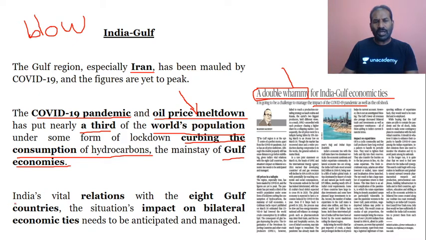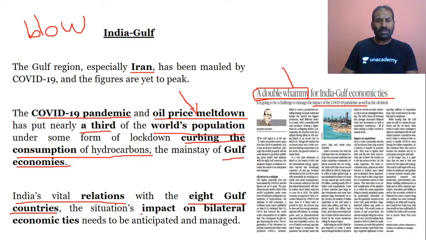And we will look at how India has relations with the 8 Gulf countries, because the Gulf economies are reeling under pressure, that is, crisis. So what kind of impact will happen onto India? What kind of impact will there be on the bilateral economic ties between India and the Gulf countries? Not only that, what kind of impact would there be on India's economy also, we will look at.